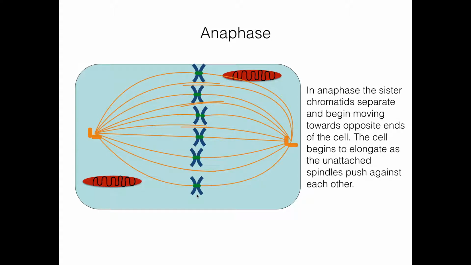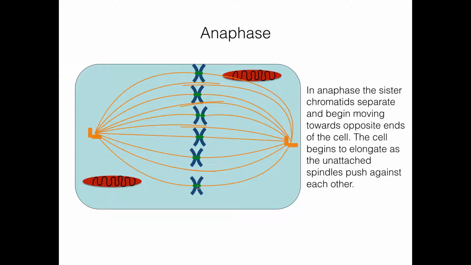In anaphase, the first thing that happens is that the centromere is actually split apart in these chromosomes. So that now what used to be one chromosome with two chromatids becomes two chromosomes with one chromatid.